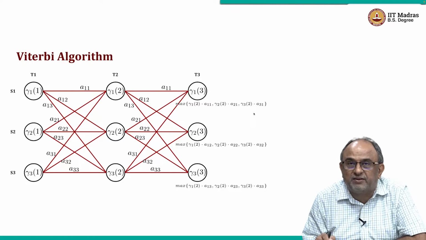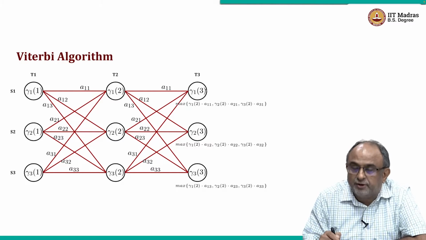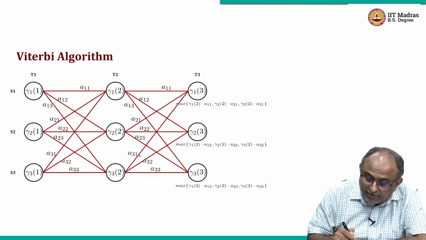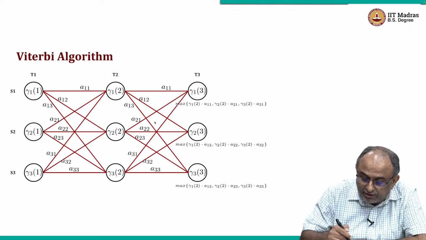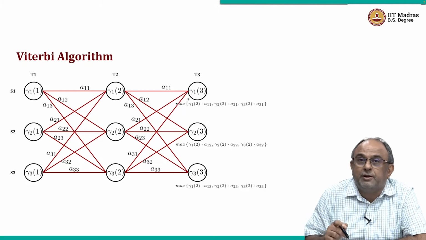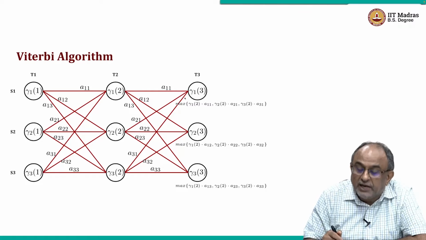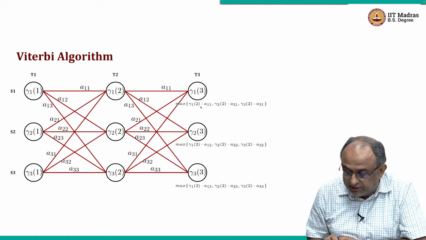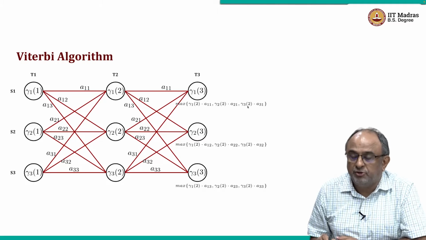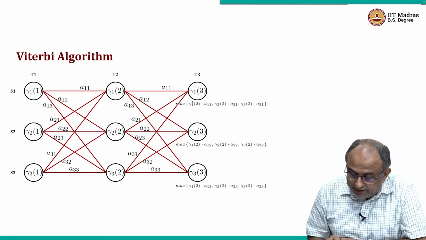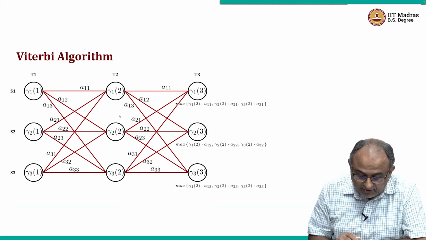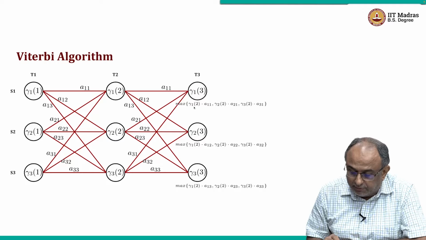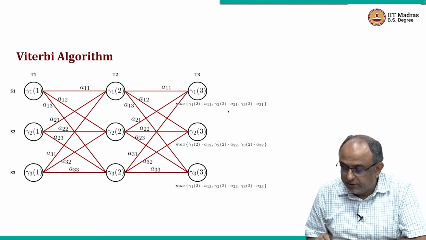One of them will be max, right? I put that max here, right? And that tells me, given all these paths from here to here, only one of them is going to be the best path, and that is what is going to give me the maximum probability. So, if you look at this calculation here, it is very simple, right? It is only dependent on the previous gammas, gamma 1, 2, gamma 2, 2 and gamma 3, 2.